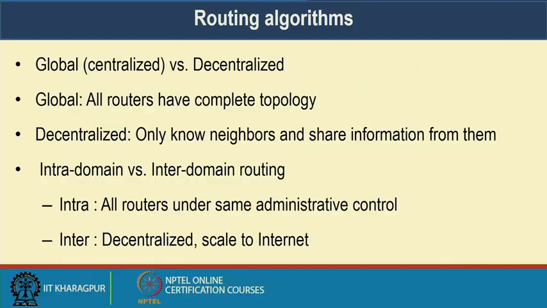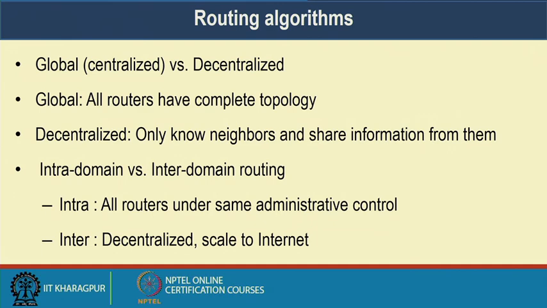So, we have two types of routing broadly. One is inter-domain and one is intra-domain. Intra-domain means all routers are under a single administrative control, like the IIT Kharagpur network or any such network, whereas inter-domain is decentralized, like the scale of the internet.